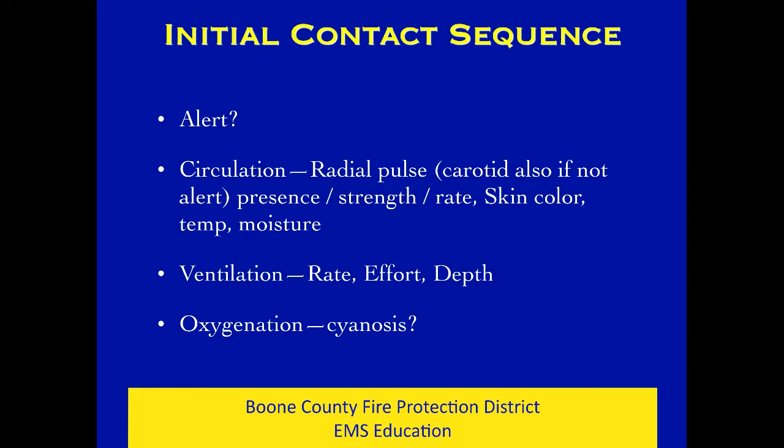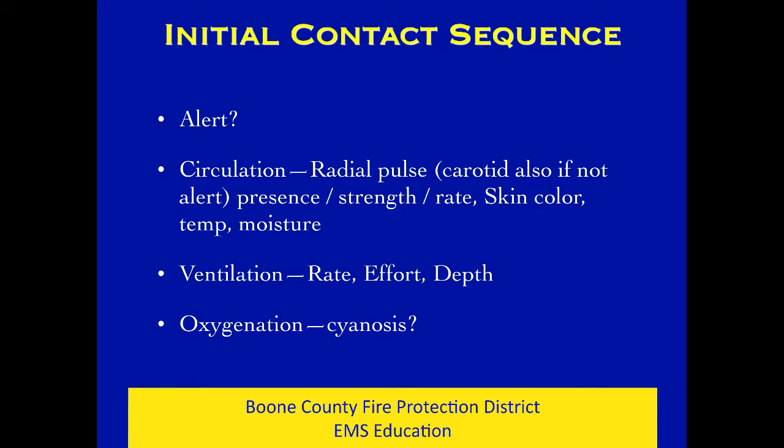Now, what are you doing when you do that? Well, you are estimating their blood pressure by the presence or absence of that radial pulse and its strength. And you're also estimating the rate. You're categorizing the rate as too slow or too fast or okay. And you're also looking at skin color, and you're feeling skin temperature and skin moisture.